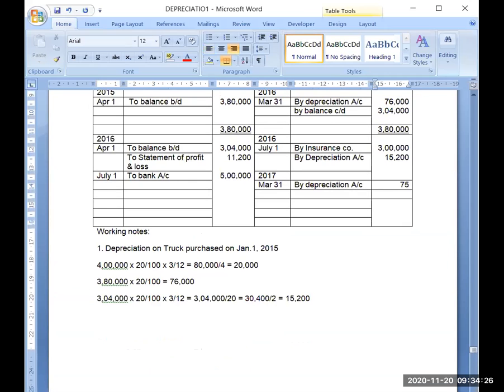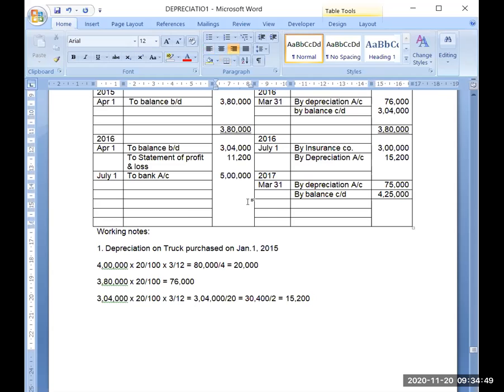So the depreciation charge will be 75,000, and its written down value will be now by balance carried down 5 lakh minus 75,000, it will be 4 lakh 25,000. Now we can total both the sides.